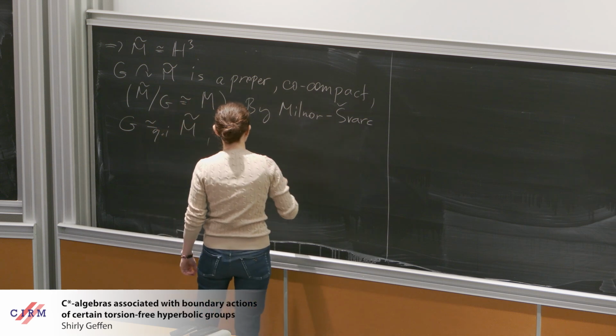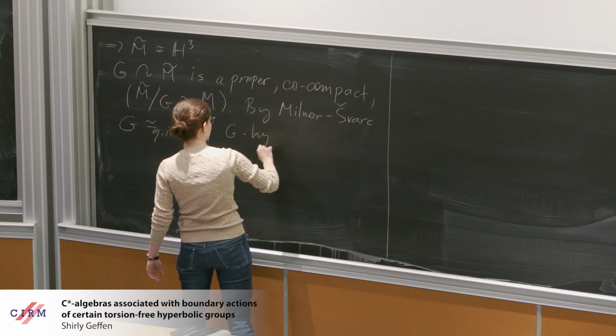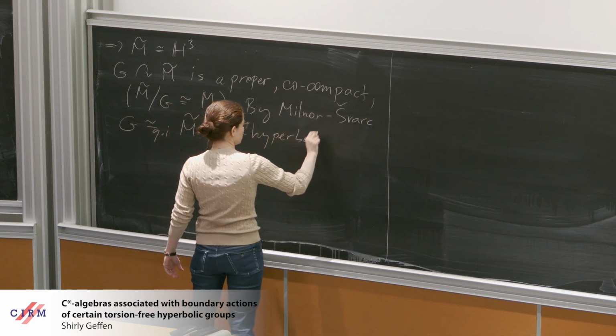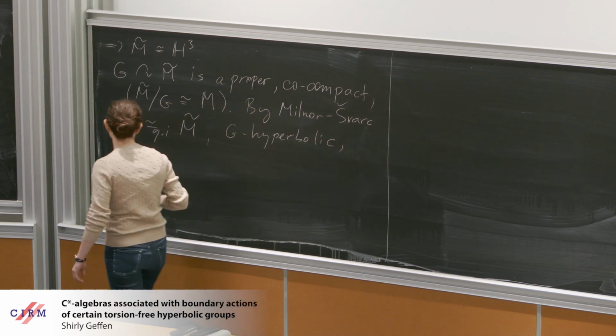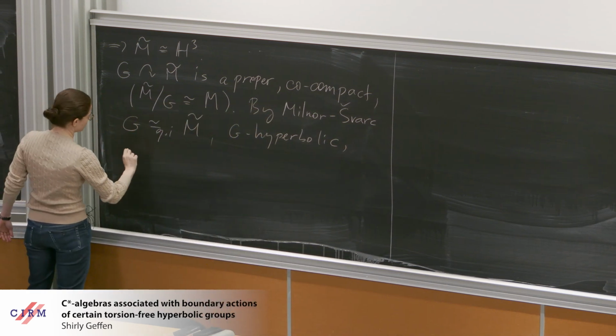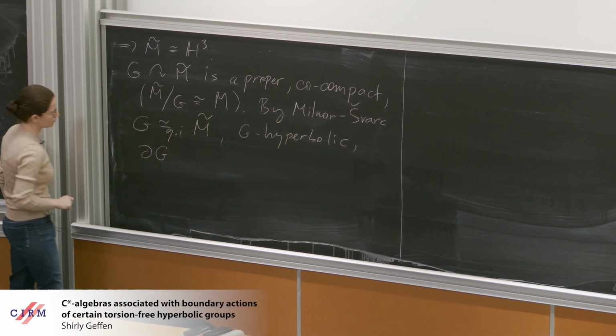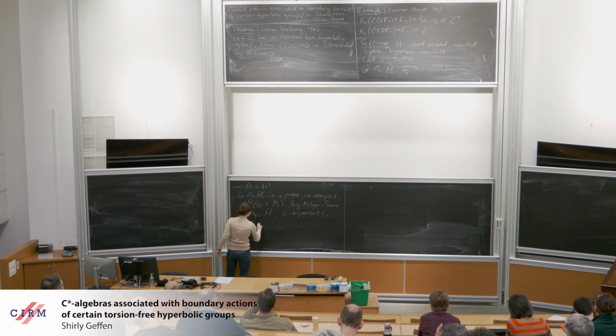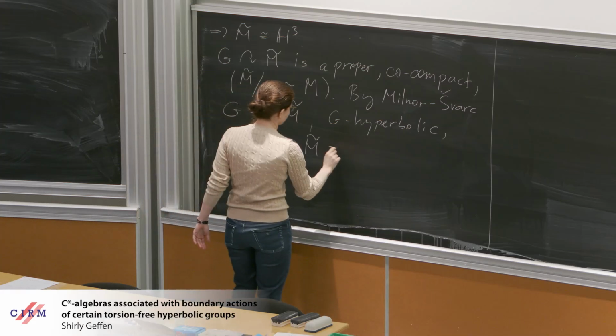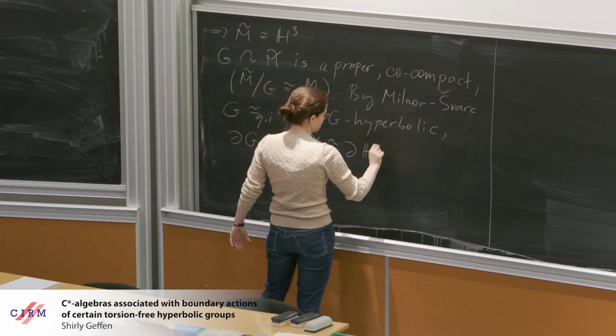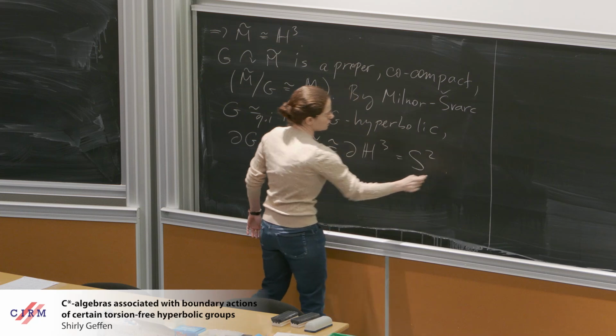And so G is hyperbolic. And also, if you have such a quasi-isometry, then it's known that the Gromov boundaries will be homeomorphic. And since M tilde is just the three-dimensional hyperbolic space, its boundary is the two-sphere.